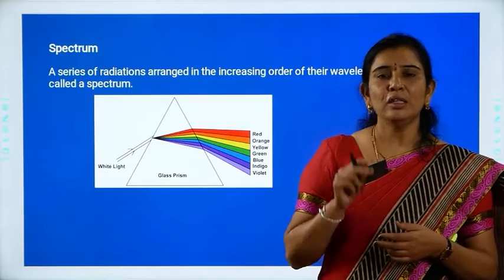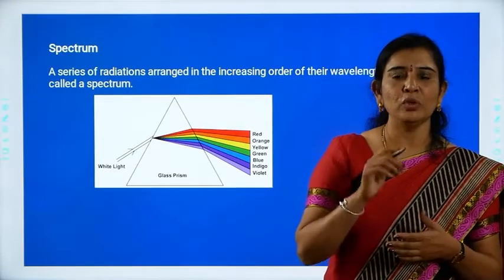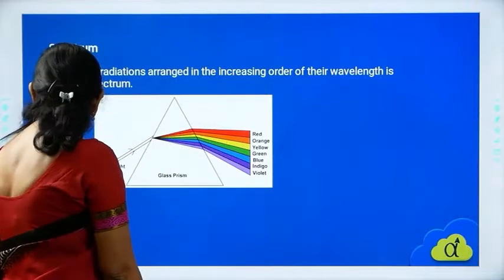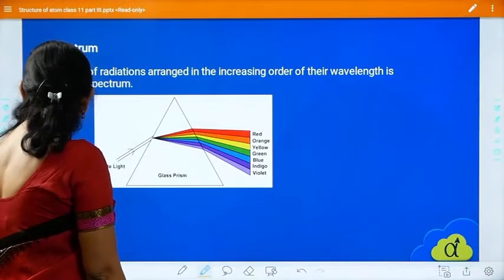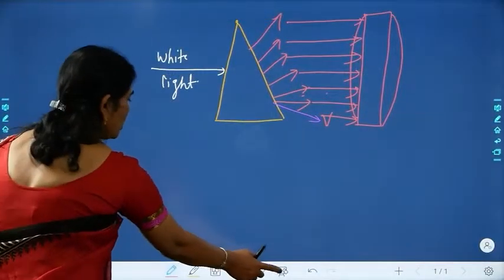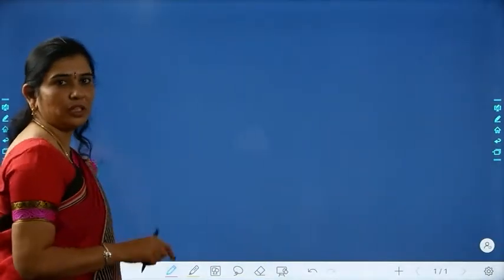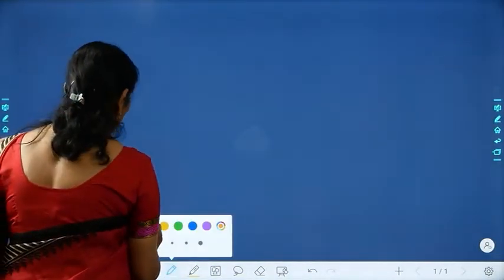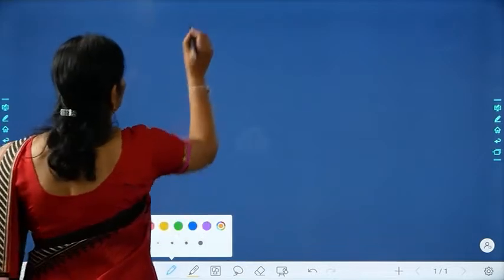So here there are two types of spectrum you will come across. Now types of spectrum. See, now I am going to take up types of spectrum. One is known as absorption spectrum and the second one is known as emission spectrum. Students, here now types of spectrum.